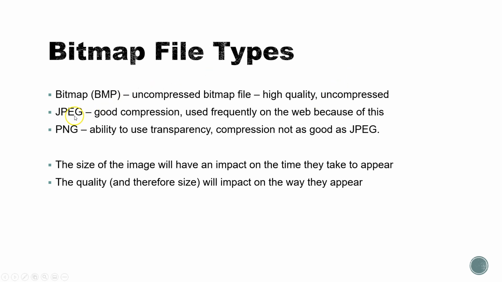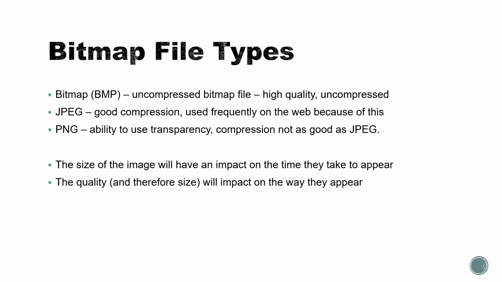JPEG, the Joint Photographic Experts Group, is the most common one that you'll find on the internet or the web, even, which has very high compression. It's very good, and it's basically been designed for the web, but of course, because it has compression, you're going to lose some of the quality.